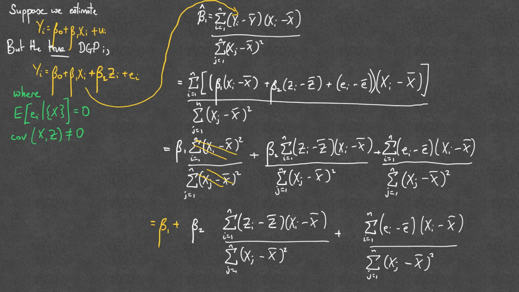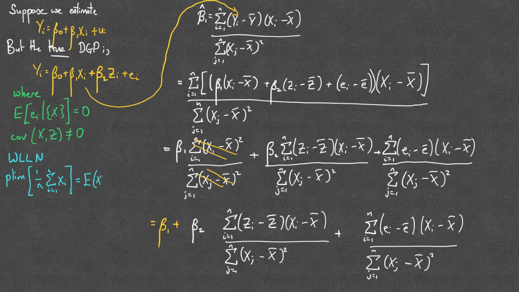Now, just as an aside, let's remind ourselves of the weak law of large numbers. And remember, the weak law of large numbers says that the probability limit of a sample mean is just equal to the expectation of that random variable.